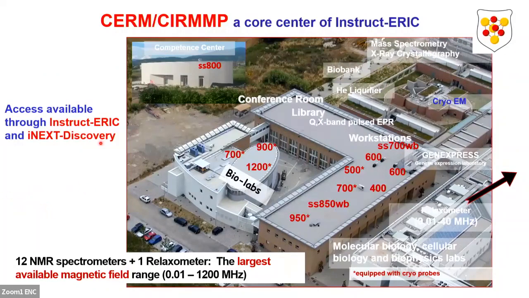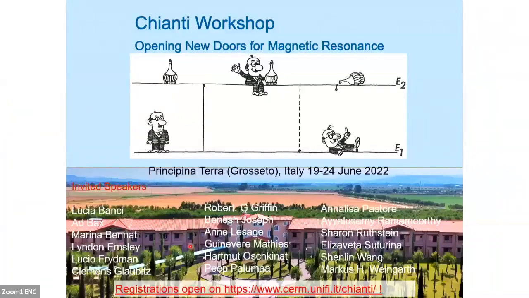So within the DesignNest discovery project, up to 20% of service NMR time provision is covered by the European Commission, also for non-European users. So if you are interested in using the 1.2 gigahertz instrument, as I said yesterday, up and running for 2 years, you can apply for this.